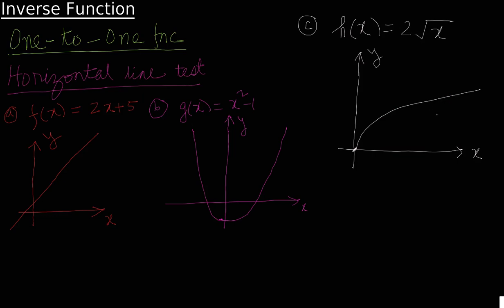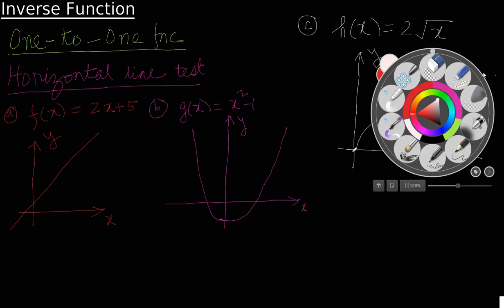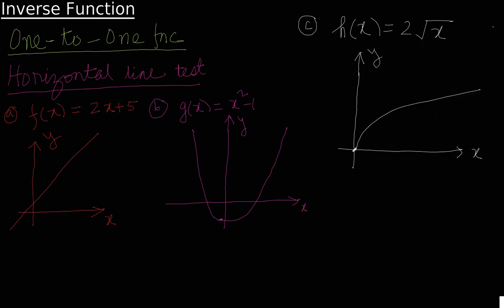Now to use the horizontal line test, I am going to draw lots of horizontal lines for all three functions. For the first function I'm drawing some horizontal lines, for the second function also, and for the third function also I'm drawing several horizontal lines.